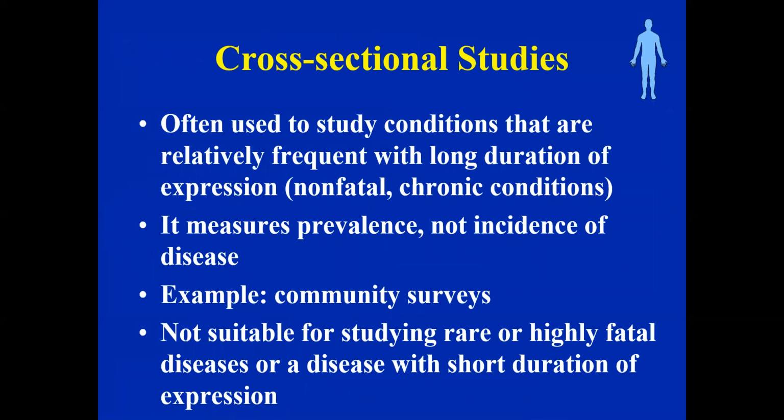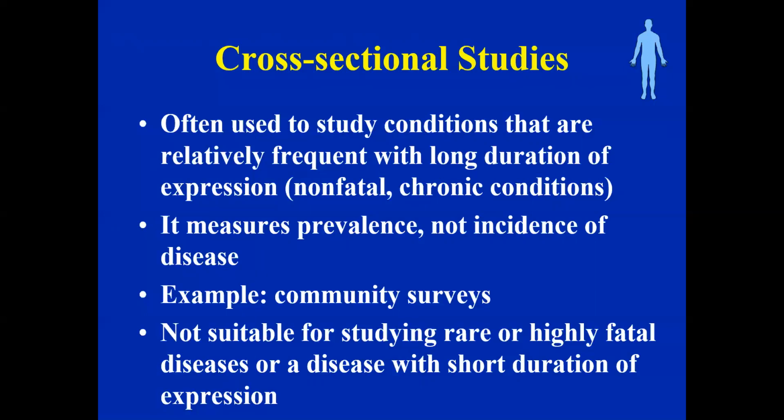Cross-sectional studies are often used to study conditions that are relatively frequent with a longer duration of expression. They are non-fatal, chronic conditions. For those, we can use cross-sectional studies. Why is the long duration of expression important? If someone gets a condition that progresses fast and they die, then a cross-sectional study won't be helpful, because remember, it's a snapshot at a time point.